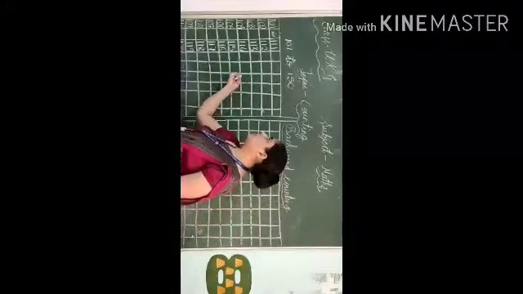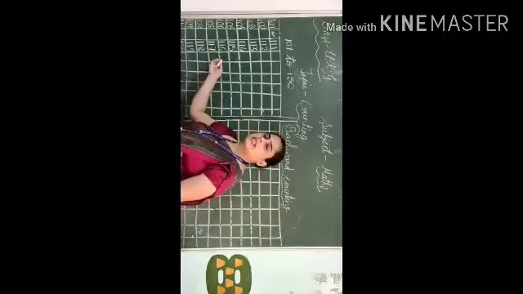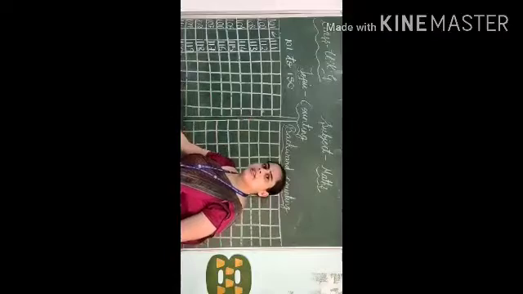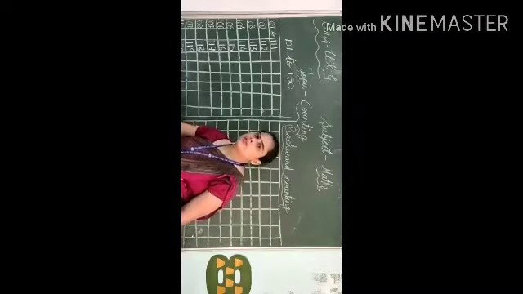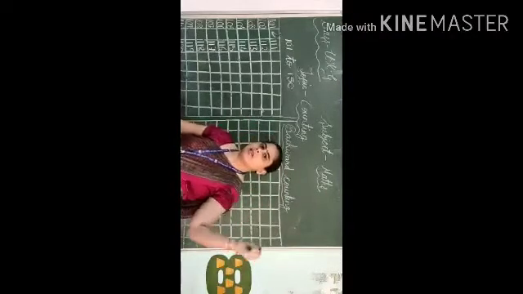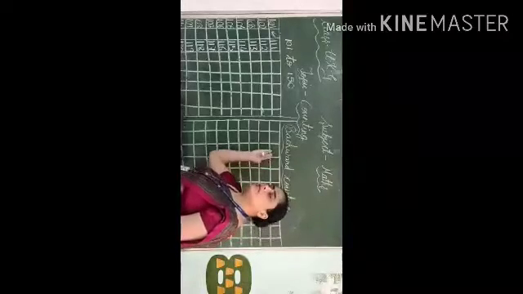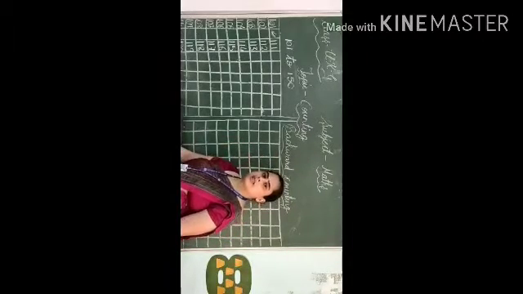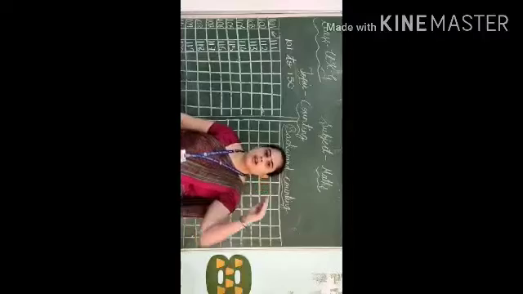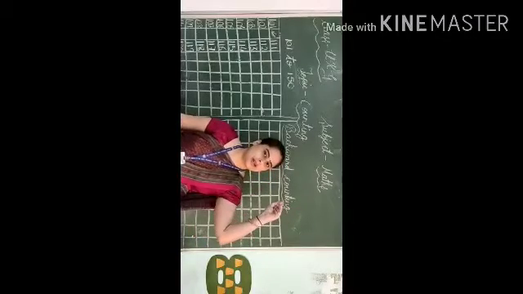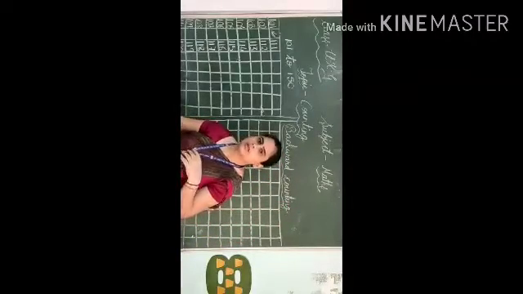Before, I taught you upward numbers. Upward numbers means we have to go from small number to big number. Now I am teaching you backward numbers. Backward numbers means you have to come back from big numbers to small numbers.